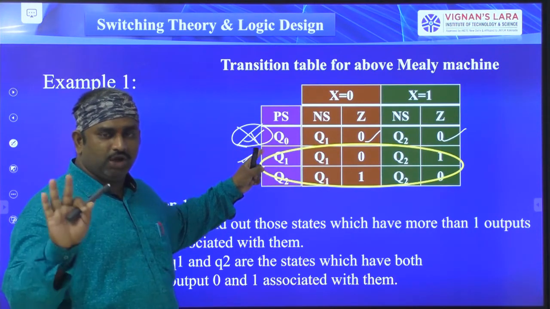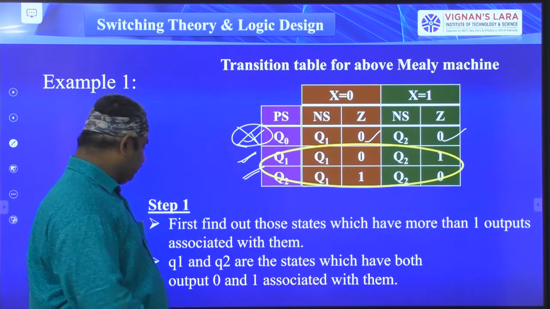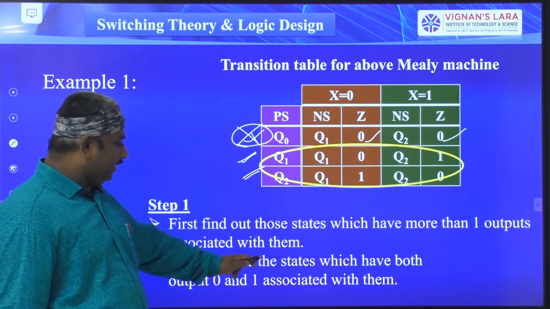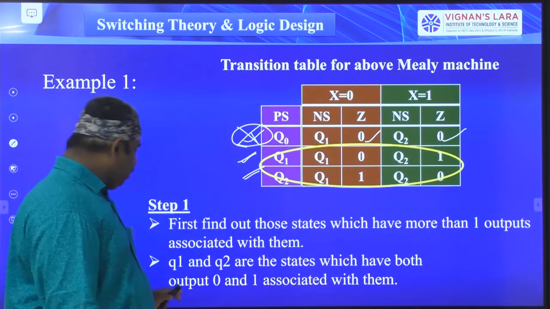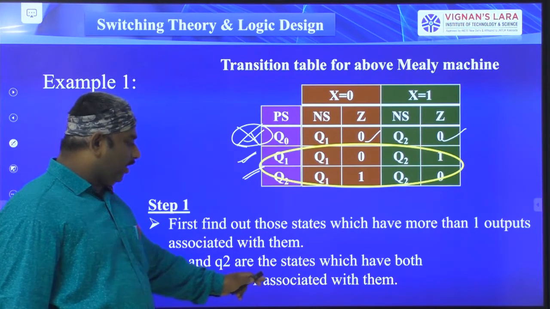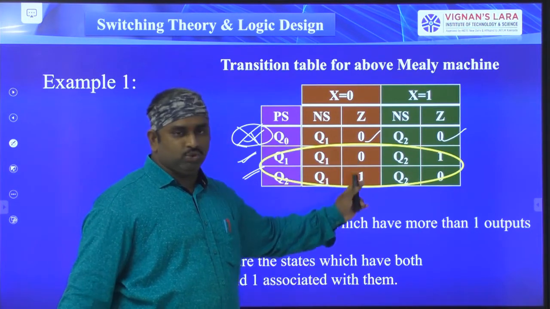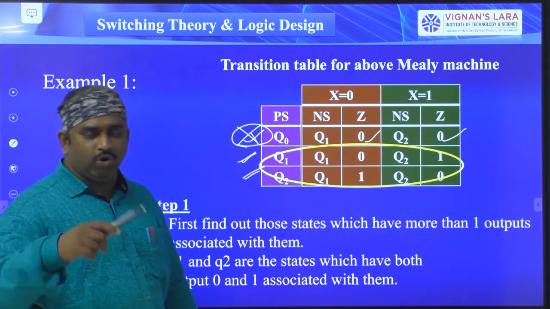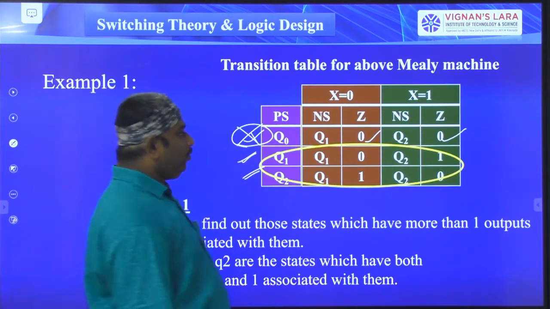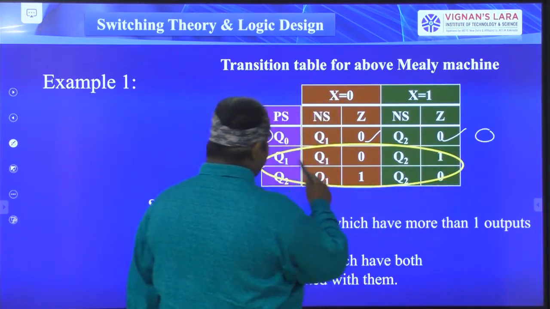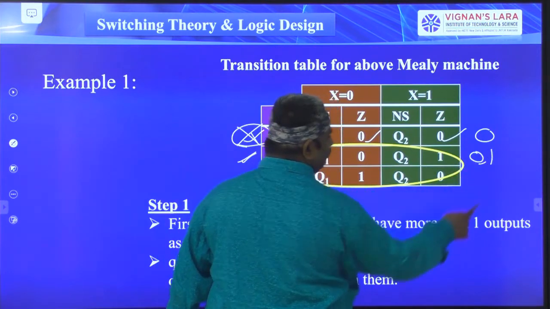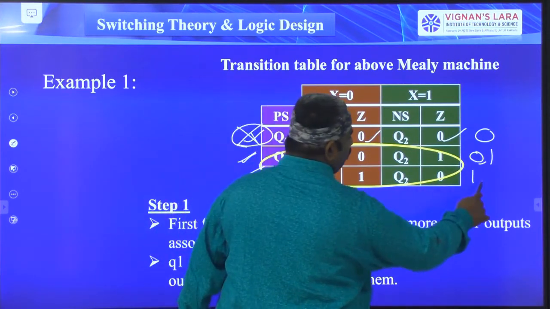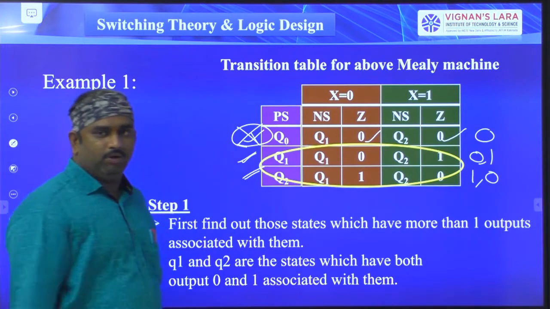For Q0, there is no necessity of doing the partition. Q1 and Q2 are the states which have both output 0 and 1 associated with them. For these two states, zeros and ones, two outputs are available, but for Q0 only output 0 is available. For Q1, outputs 0, 1 are available. For Q2, outputs 1, 0 are available.